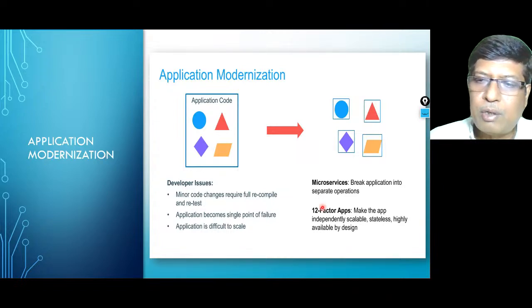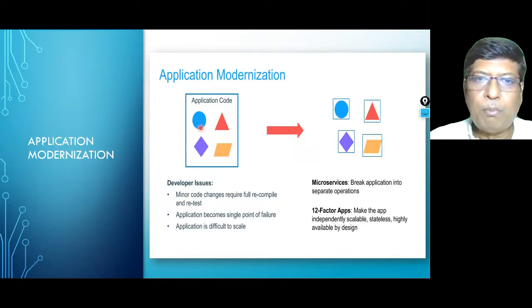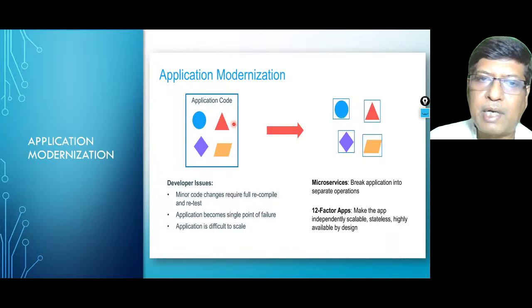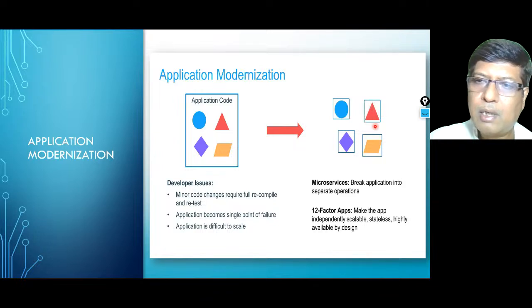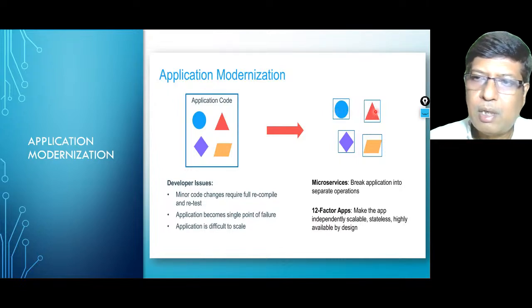If you can go for 12-factor apps, then you have gone for microservices. This is a single monolithic application. You have modularized it. You have converted that into microservices. So all these functionalities, the features, are each one microservice. Maybe this is the login application. This is the product catalog.